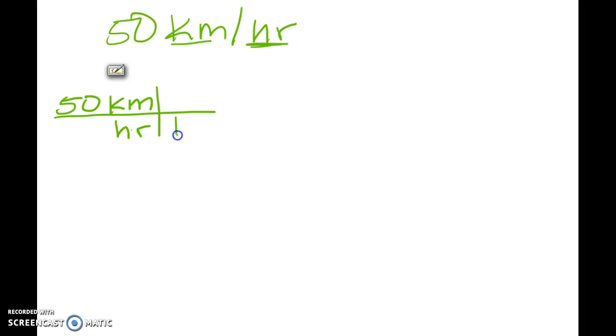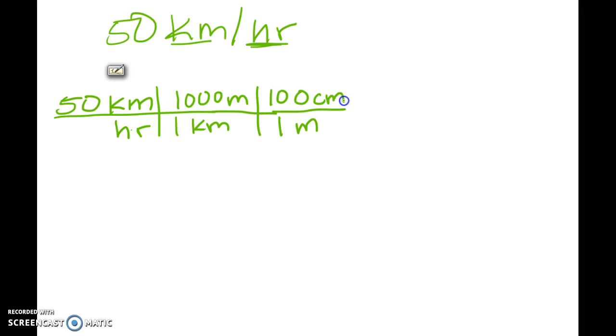Well, I know that 1 kilometer is equal to 1,000 meters. And I know that 1 meter is equal to 100 centimeters. And I know that 2.54 centimeters is equal to 1 inch.